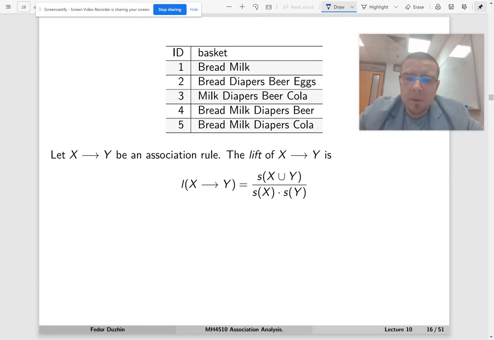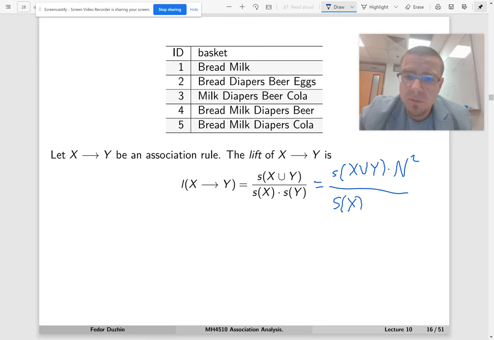Now, what is a lift? The lift of an association rule, X implies Y, is the support of the union divided by the product of supports. Notice that we can multiply both numerator and denominator by n squared. Then we have S of X union Y times n squared divided by S of X times n times S of Y times n.